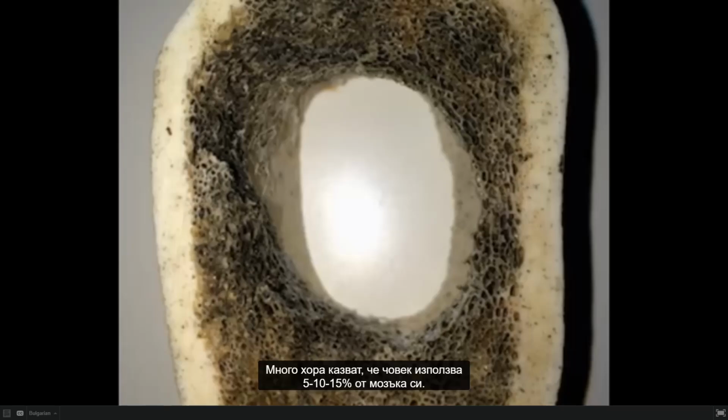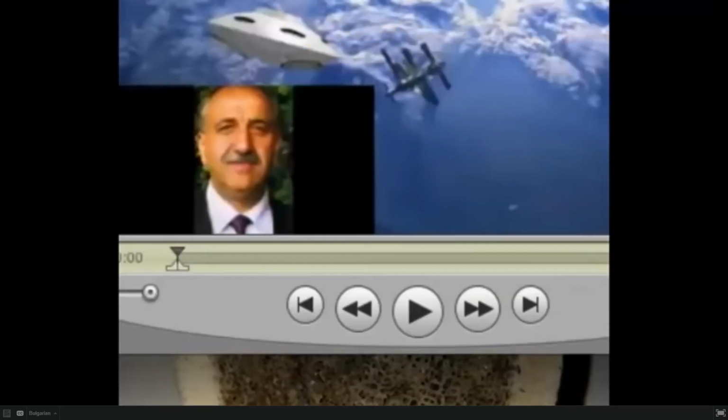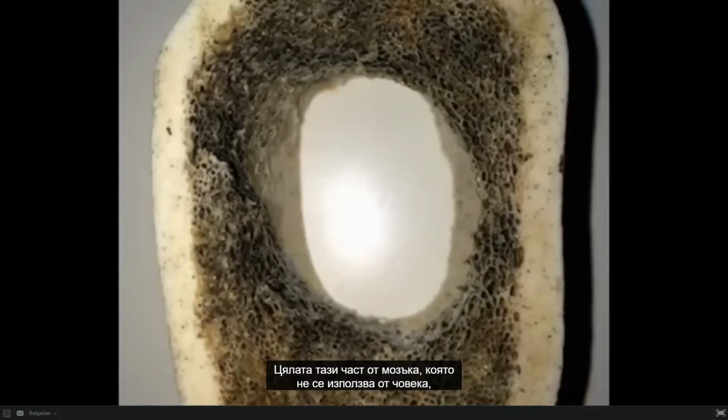This goes back to a lot of people saying that man uses 5% or 10% or 15% of the brain. And then when you look at the brain, why is it so big and no part of it is rotten? Because if you use 15%, the other 85% should be rotting away because it's not used. All these parts of the brain, which appear to man not to be used, are continuously monitoring most of the operation, the production, and the running of the bone structure.